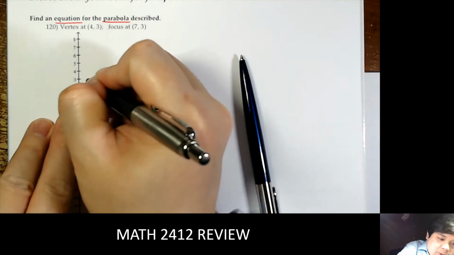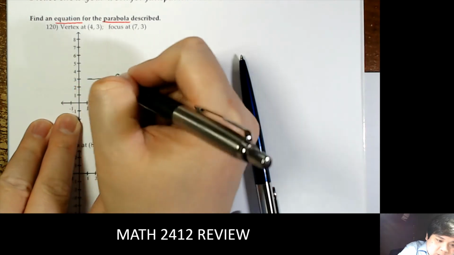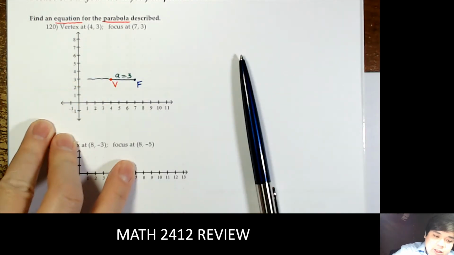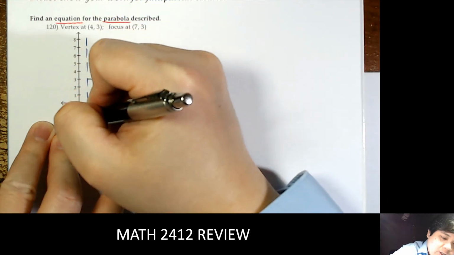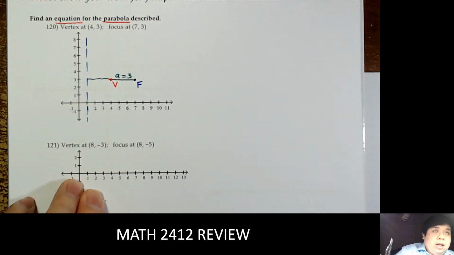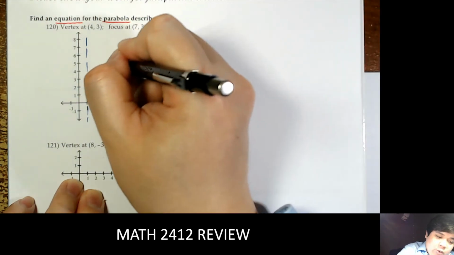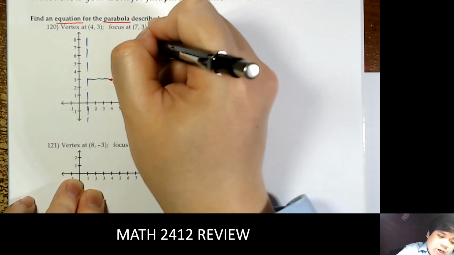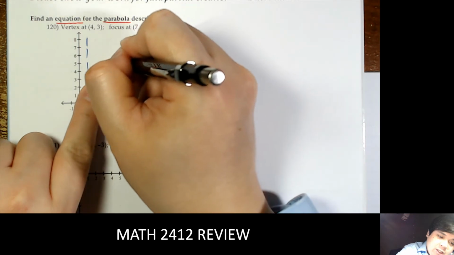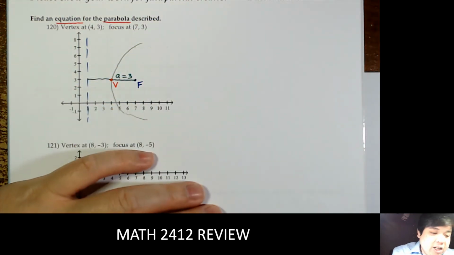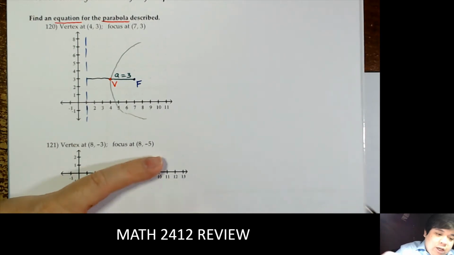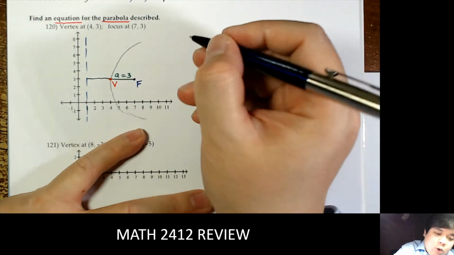We go the opposite direction to have the directrix. And the graph of the parabola will go around the focus through the vertex. So kind of like that, just the idea. Alright. So this is the parabola that opens to the right.